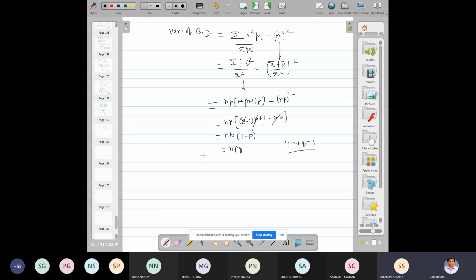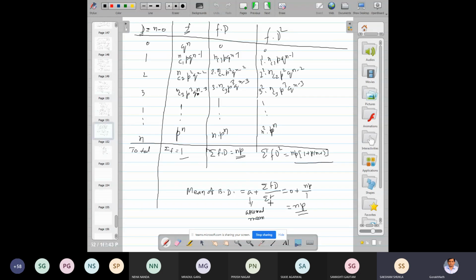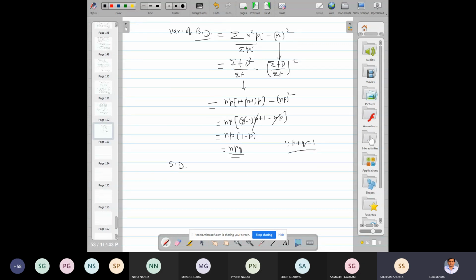So here the variance of the binomial distribution is npq and the mean is np. And what will the standard deviation be? The standard deviation of the binomial distribution is equal to the square root of npq.